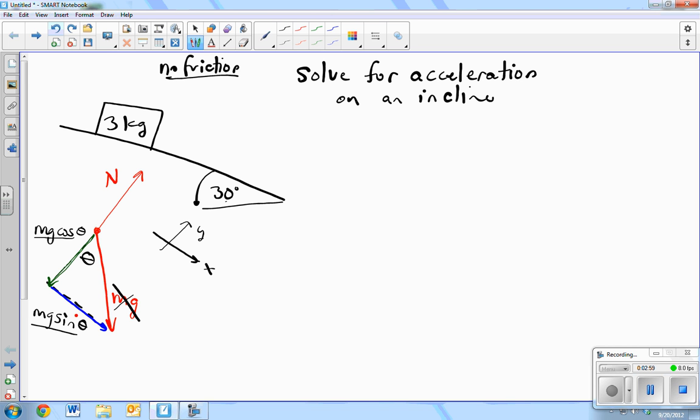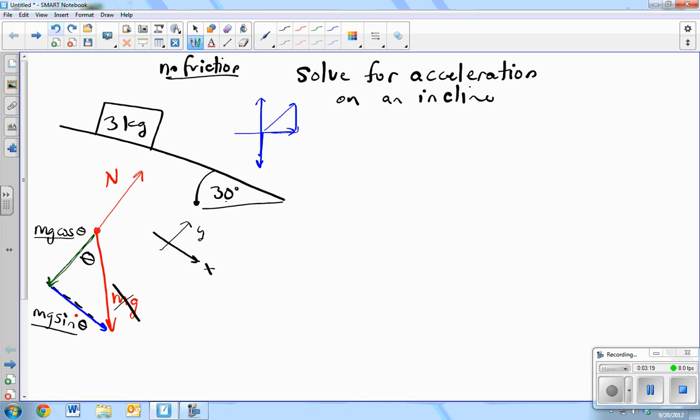Now, it's not always true. We only break down the force of gravity here because our axes have been rotated. If we didn't rotate our axes, if we kept our axes like this, then gravity would be acting straight down and we wouldn't have to deal with it. We would have to break down the normal force into its components.